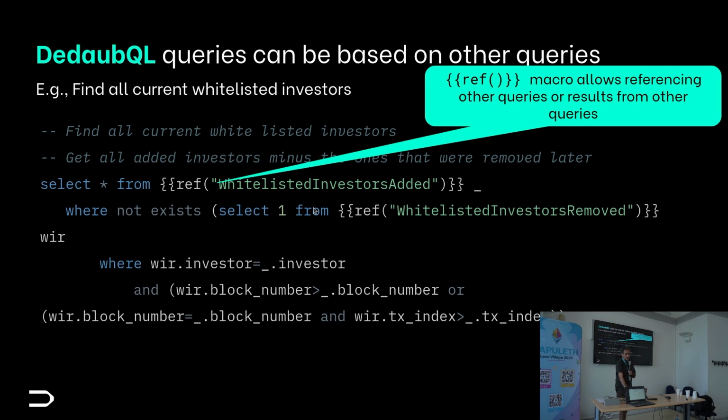We can combine this with another query, refer to both of them, combine those, and say, I want all of the first where they have not been removed after being added. And this is exactly what these conditions down here set up, and get the result of that.